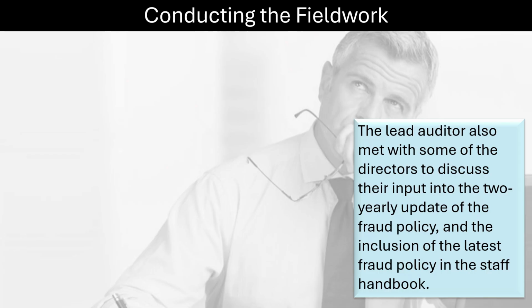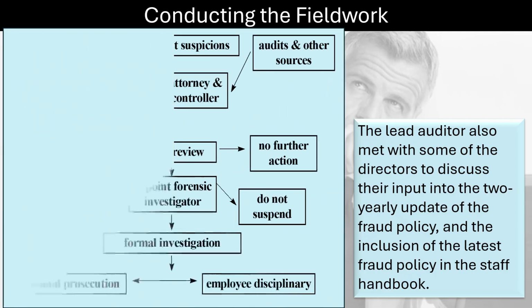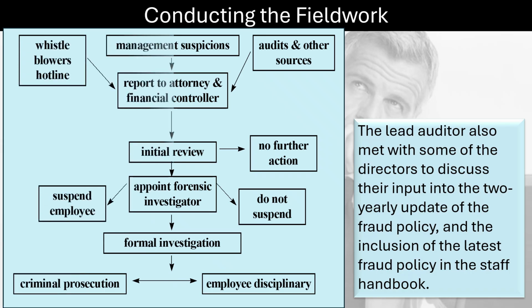As part of a walkthrough test, the auditor was shown the last update file by the financial controller and viewed email comments received from various directors. A diagram of the way allegations are dealt with was then prepared by the auditor.